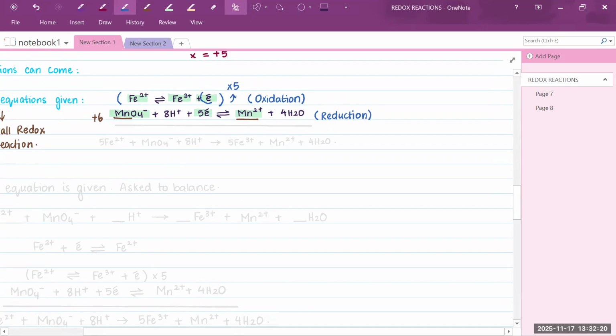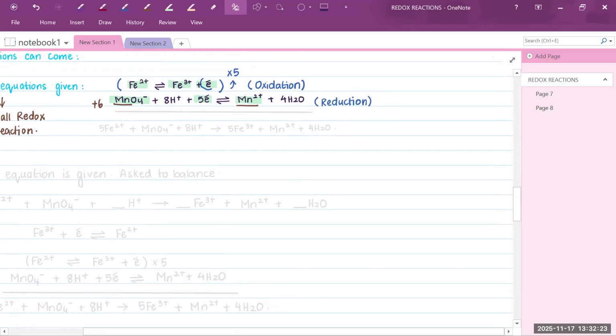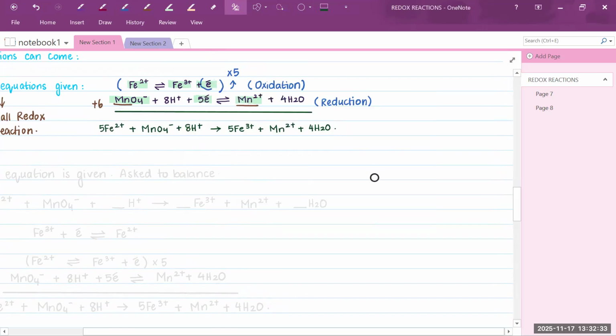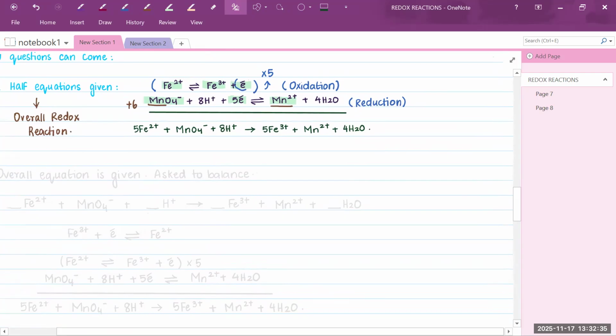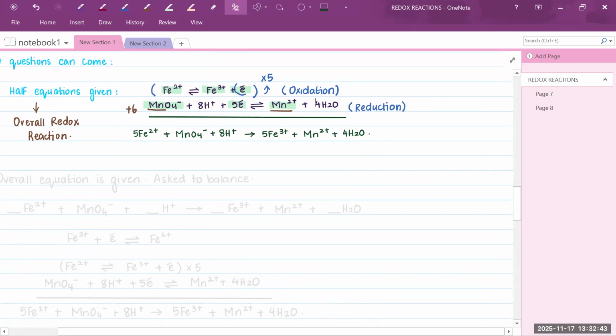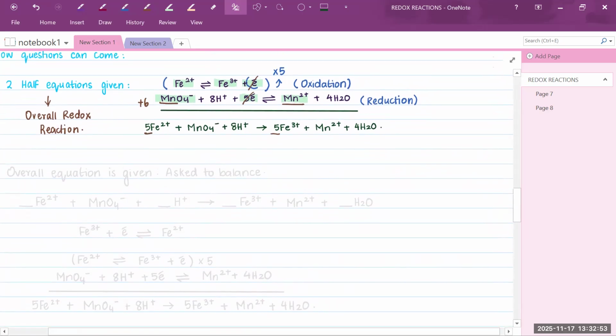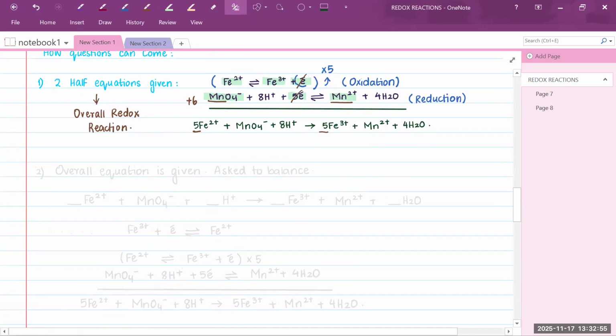Our overall equation will come out to be 5 Fe2 plus, MnO4 minus. We'll write H plus and H2O as it is, because we're not multiplying that equation, we are multiplying the above equation. That's why we have 5 here. The electrons will get cancelled out and the overall equation will become this.